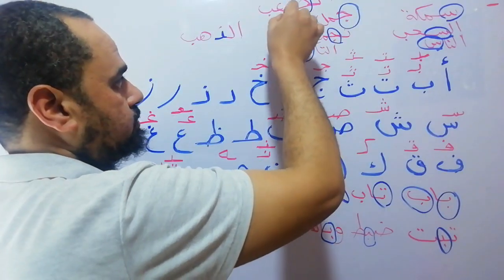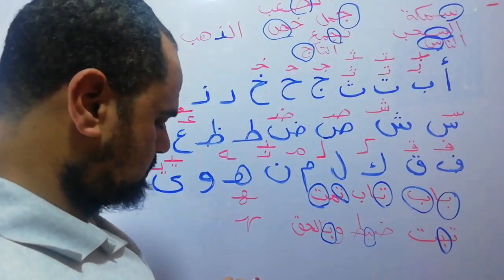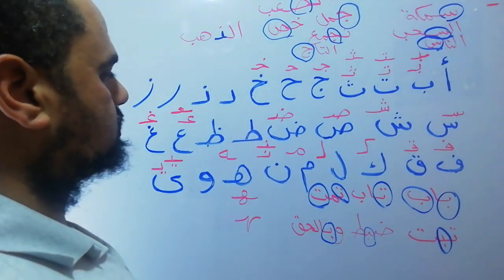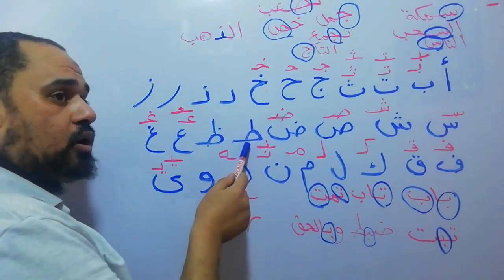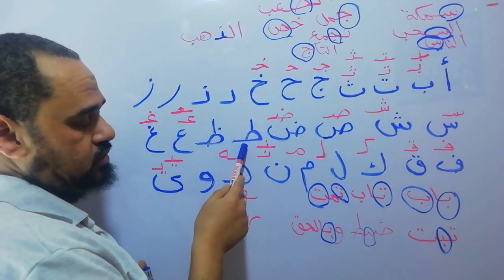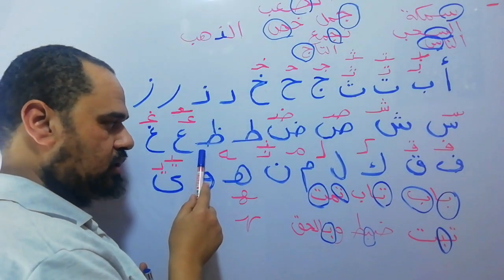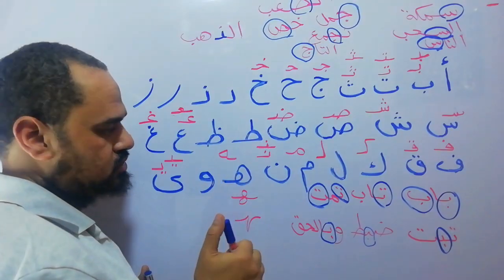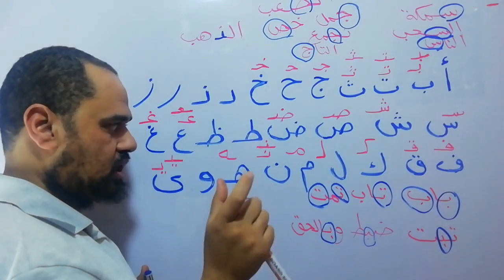Here and here. Now let's continue with Ta and Za. Also, the shape won't change. They would stay the same.